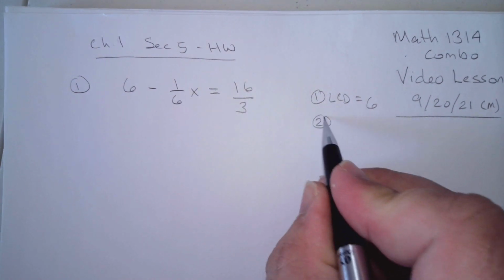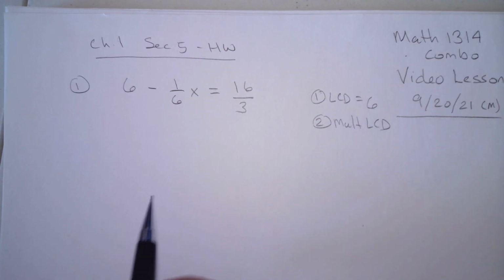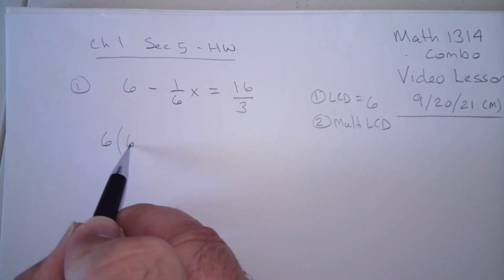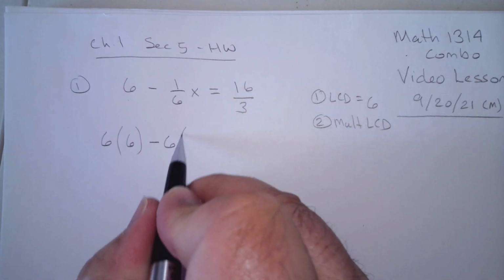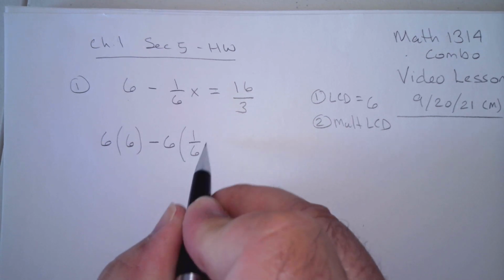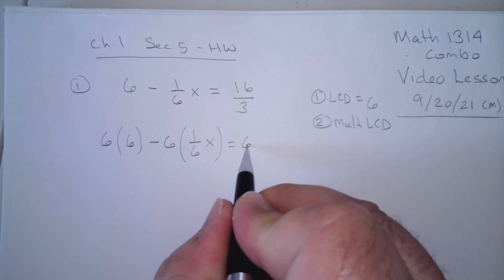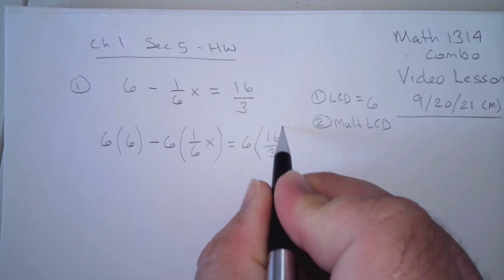So with that, we have to multiply the LCD to each term. To the first term, so we'll put that in parentheses, minus the LCD is 6, the second term is 1 over 6x, equals the LCD in parentheses, 16 over 3.